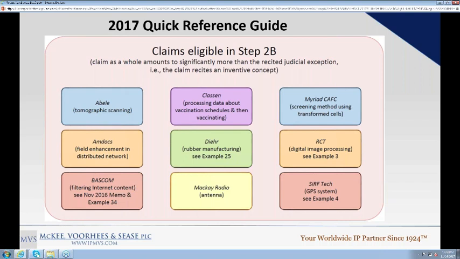Now, it's not in all instances a green light for patentability necessarily or an allowance, but it is a helpful tool because the examiners are familiar with those examples, generally speaking, many of them are, and they're familiar with these memorandums too.